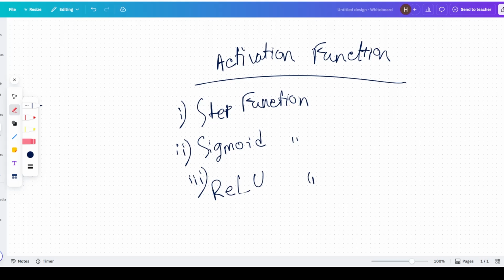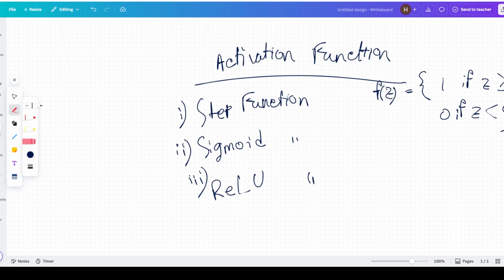They have different equations. For the step function, f of z is 1 if our z is greater than or equal to 0, and it is 0 if our z is less than 0. Yeah, that was our step function.